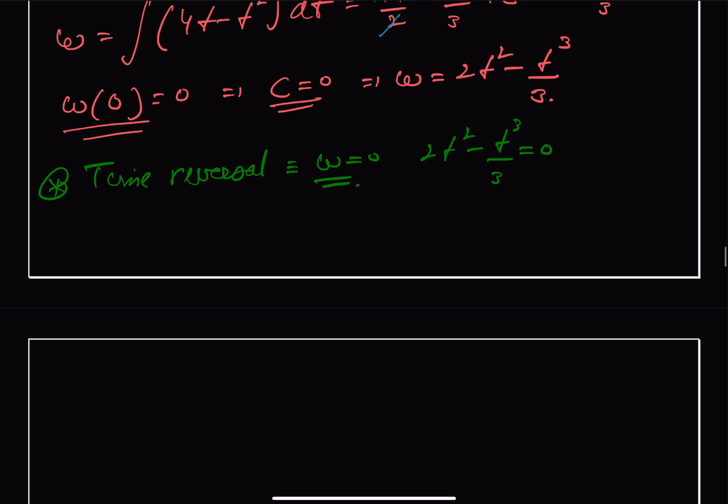We can take t square as common. We get 2 minus t upon 3 is equal to 0. Obviously t cannot be equal to 0, so only the second term will be equal to 0. So we can say 2 minus t upon 3 is equal to 0, giving us t is equal to 6 seconds.